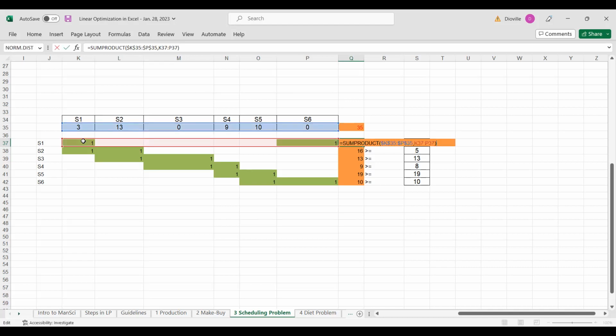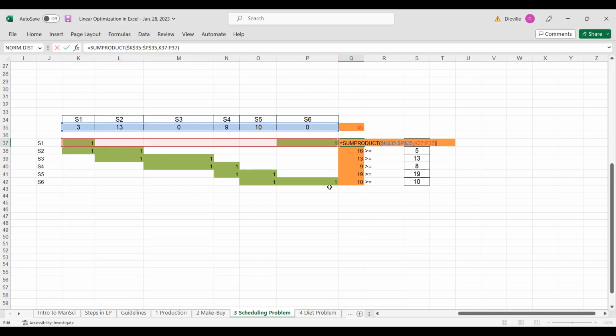Take a look at what Jovel did. What she did was to identify the S1 in her K37, she placed a number 1 there. And then also in P37, she placed a number 1 there. So this is a good technique. It's similar to what Erwin did a while ago.